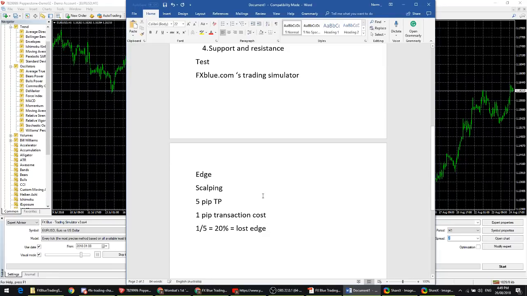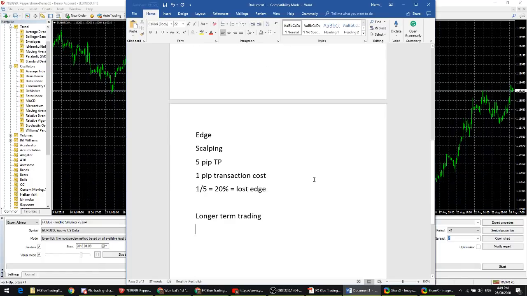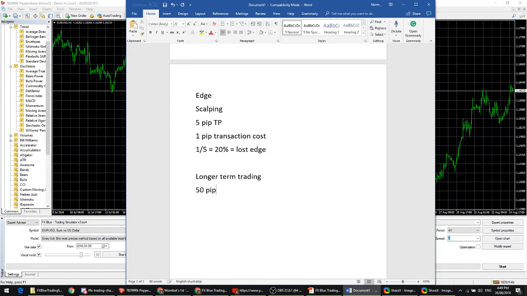However, say our take profit is 50 pips and a 1 pip transaction cost. So 1 divided by 50 equals 2% lost edge.